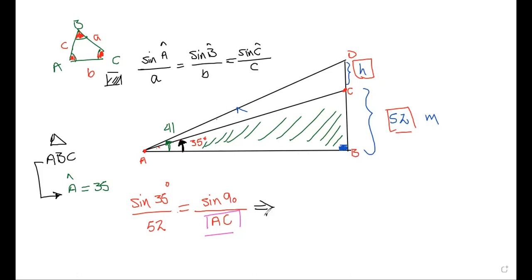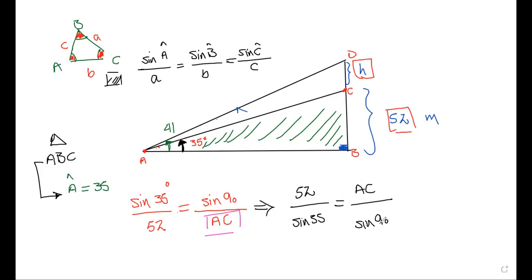Look at this as a frying pan: you flip it upside down, whatever is at the bottom goes up, what is at the top goes down. I'm going to flip that, and from here I get 52 over sine 35, and on the other side, I get AC over sine 90.